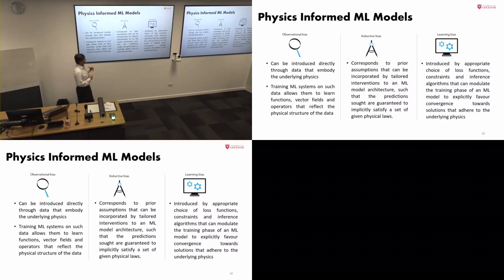The second thing is inductive bias. During the learning, if we could embed that mathematical capability, and to some extent we could say this is the prior learning, if we could incorporate that prior learning that's coming through mathematical principles or simulation models at the right level, we could enforce the predictions to implicitly satisfy certain physics laws.